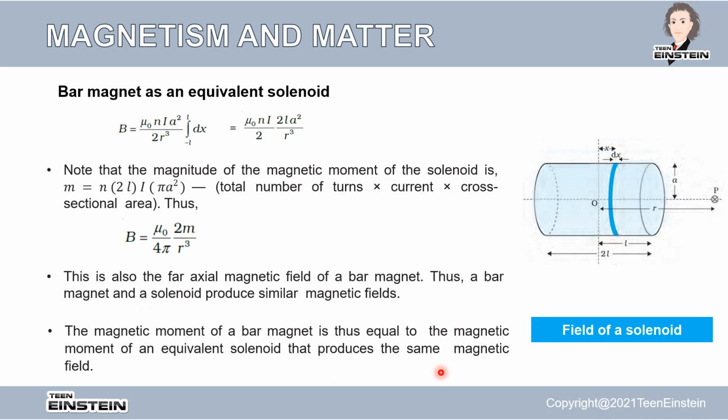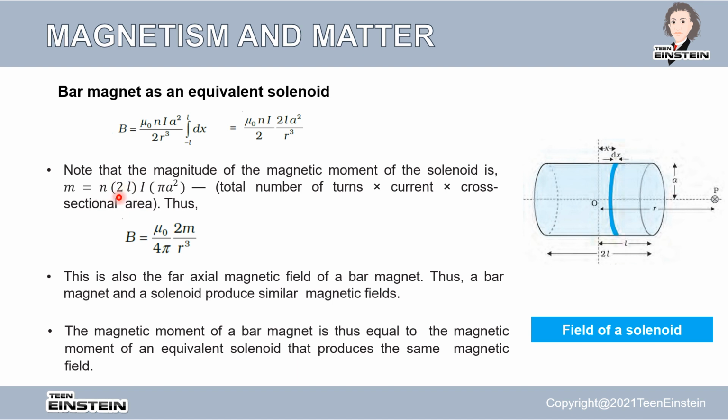So this is the magnetic field at a point P in the axial direction of the solenoid at a distance r from the center. Now note that the magnitude of the magnetic moment of the solenoid M will be NIA. Here N is the total number of turns, so n multiplied by 2L is the length of the solenoid.